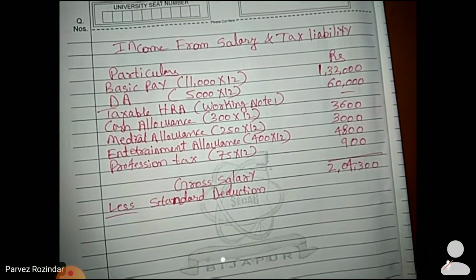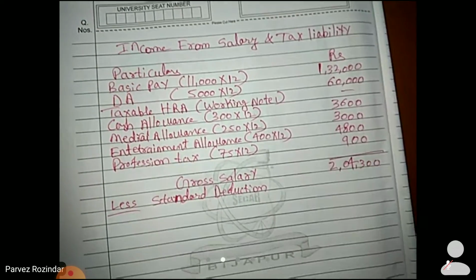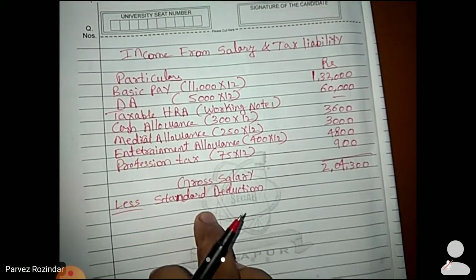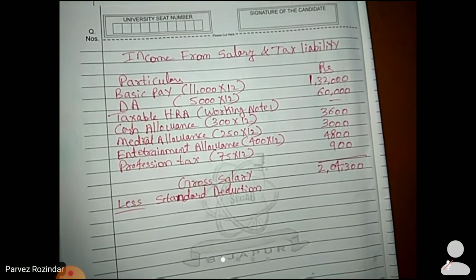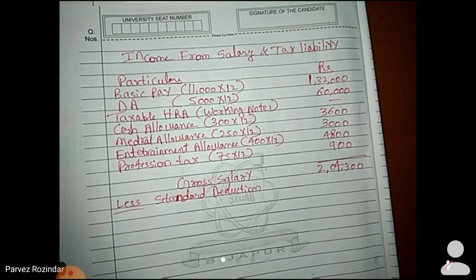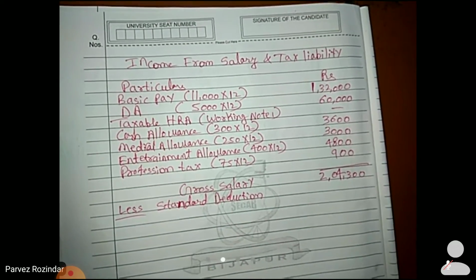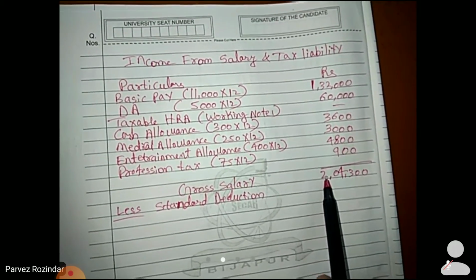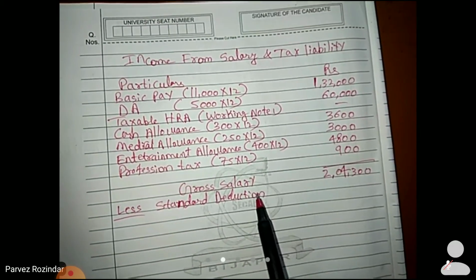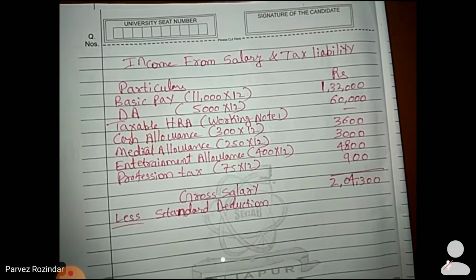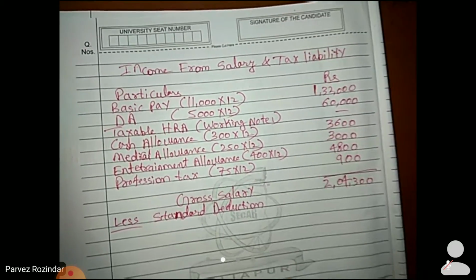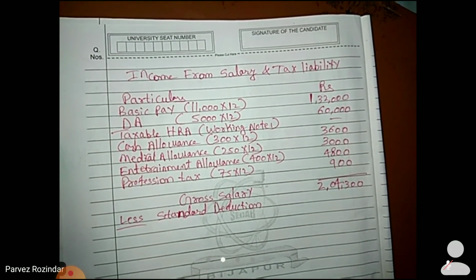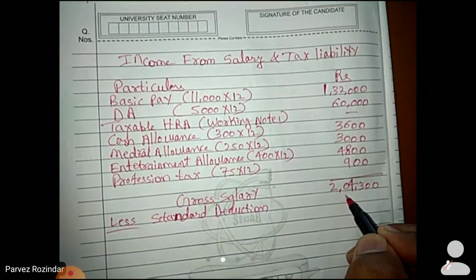Standard deduction is fixed. The rule for standard deduction is 40,000 rupees or gross salary, whichever is less. Suppose your gross salary is 20,000 rupees, in that case standard deduction will be 20,000 rupees, the full amount will be exempt. But now the standard deduction maximum amount is 40,000 rupees.